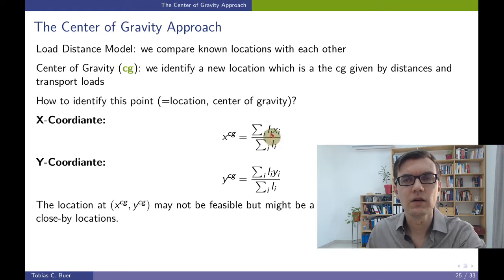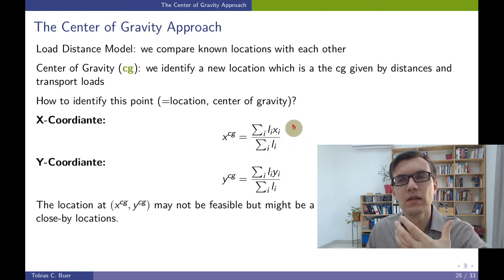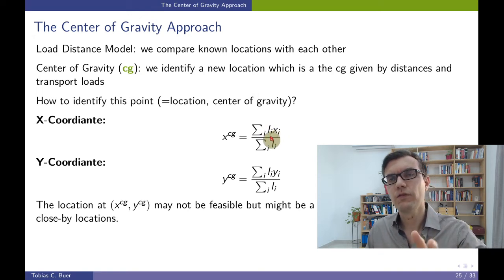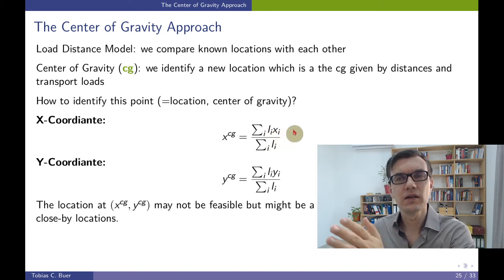In the previous example, in the load distance model, the existing locations were represented by J, not by I. So this can change quickly, it is not defined once and for all and then kept the same for the whole lecture.